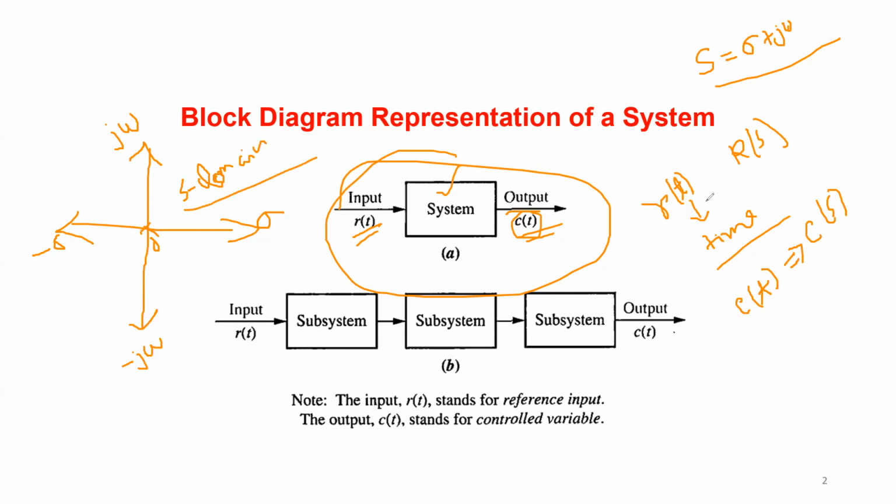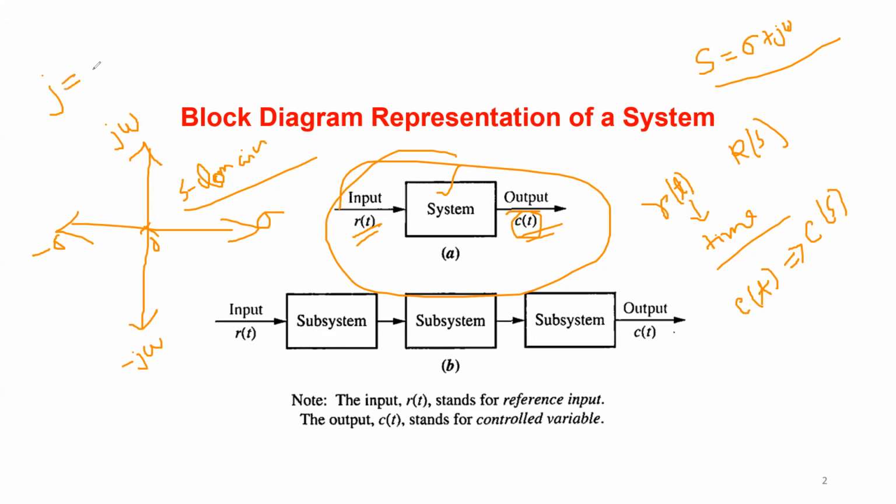We can represent the time domain in the S domain, where s is equal to sigma plus j omega, a complex number, where sigma is the real value and j represents the imaginary part. Do you know j is equal to what?